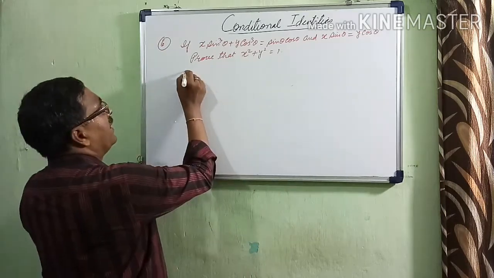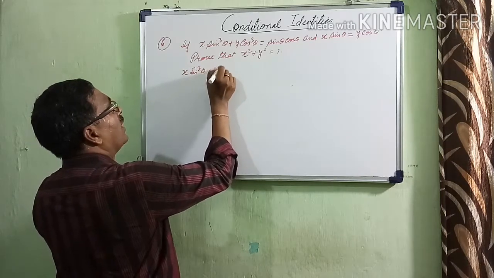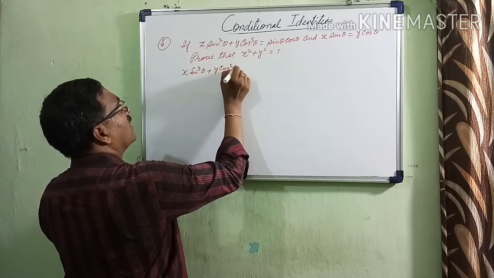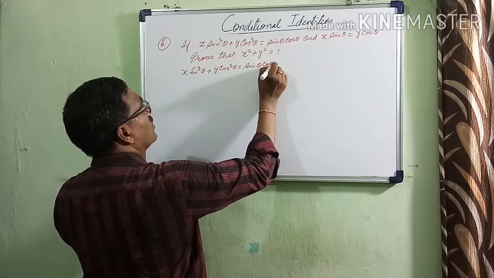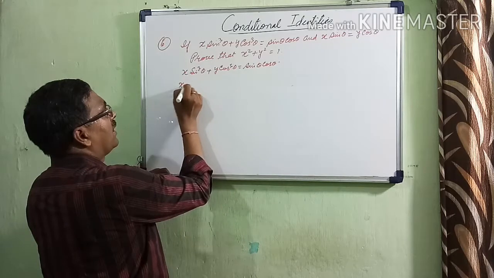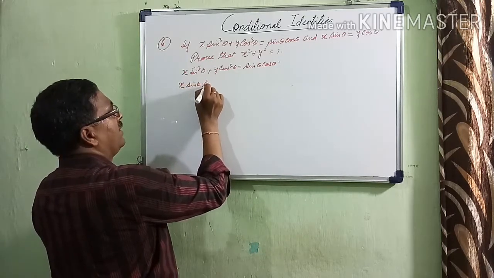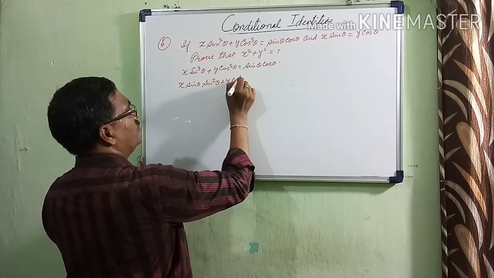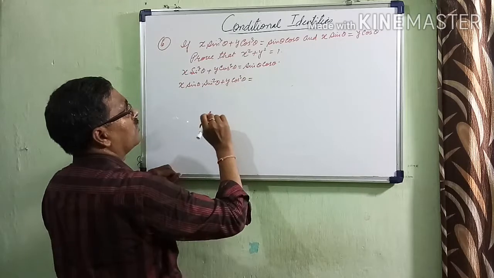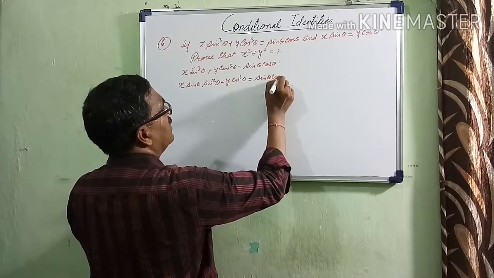Now, x sine cube theta plus y cos cube theta is equal to sine theta into cos theta. Can it be written as x sine theta into sine square theta plus y cos cube theta is equal to sine theta into cos theta?